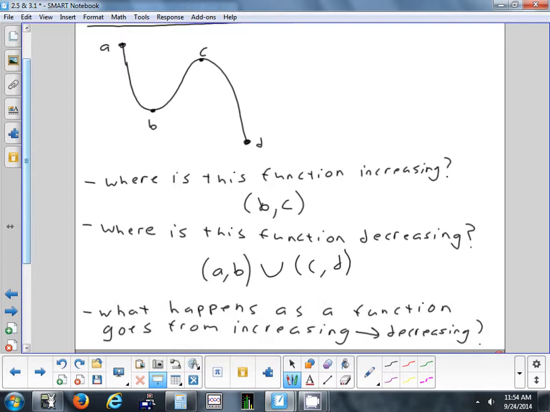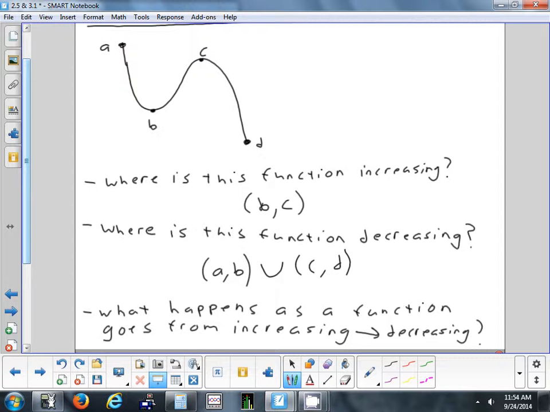What happens when a function goes from increasing to decreasing? So point C. What would we call point C? Yeah. Like, it's where it changes. And we have a name for that point that we learned today.